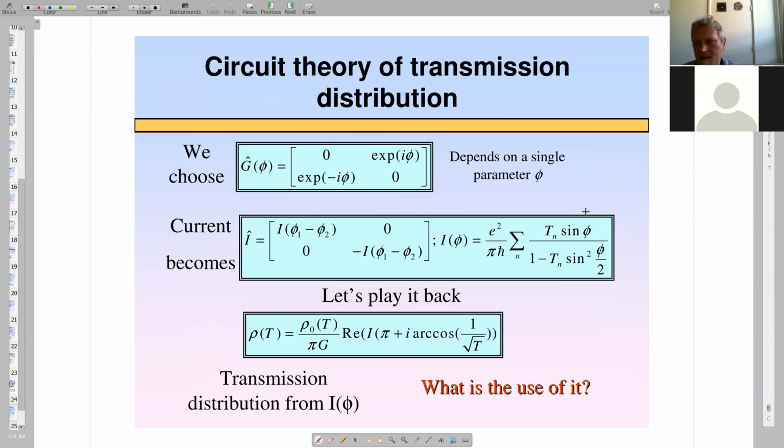Now I would like to give a minimal example of useful circuit theory. This is a circuit theory of transmission distribution.